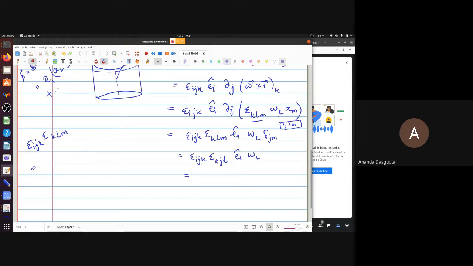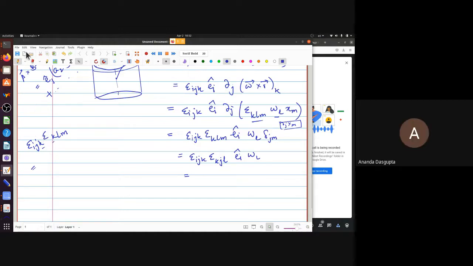No, k is a dummy index, right? Yes, k is being summed over. The final result can't have a k, because k is summed over. So that will be delta il.